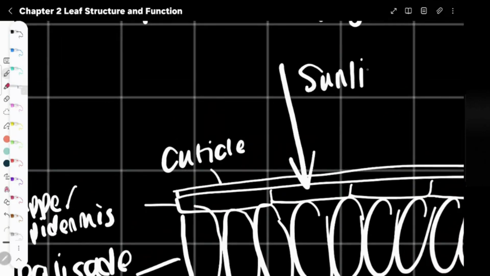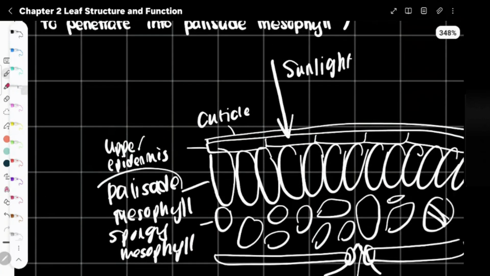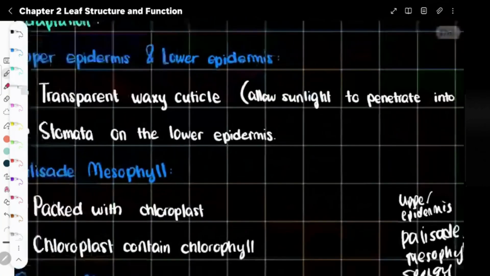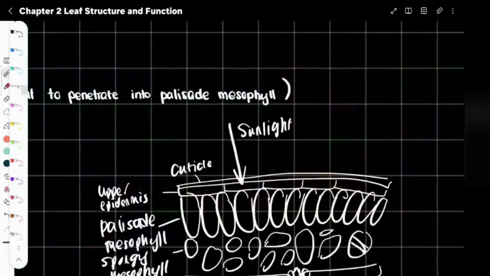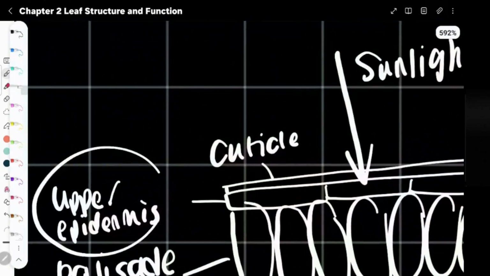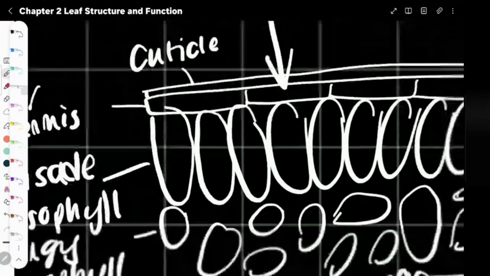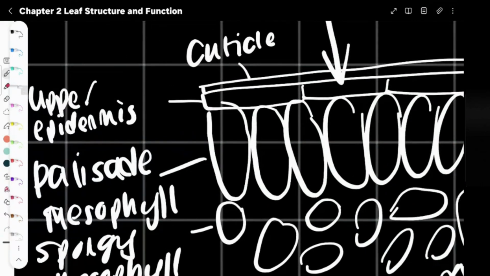Sorry, it's not the upper epidermis, it's the cuticle. Yes, the cuticle is the transparent one. Sorry, my fault.